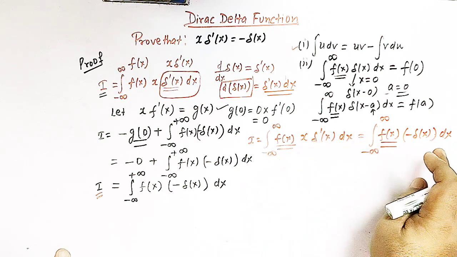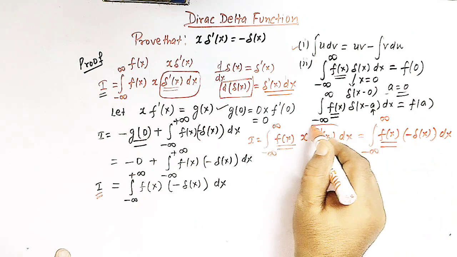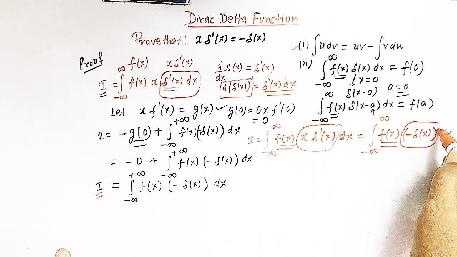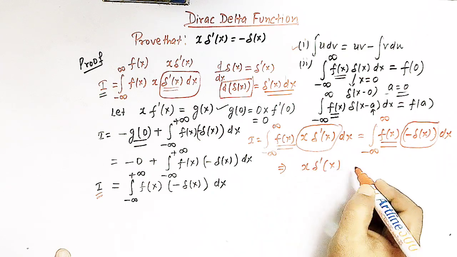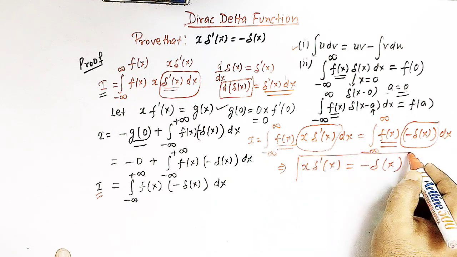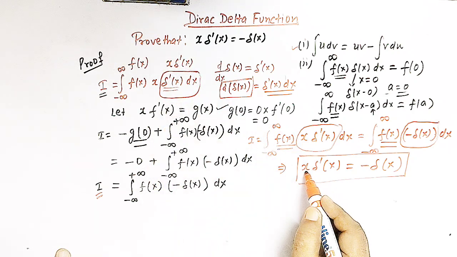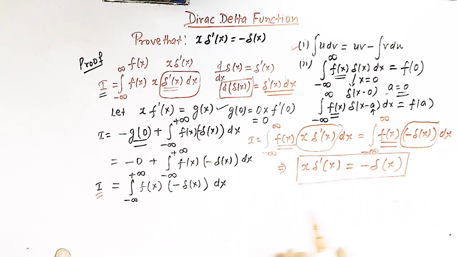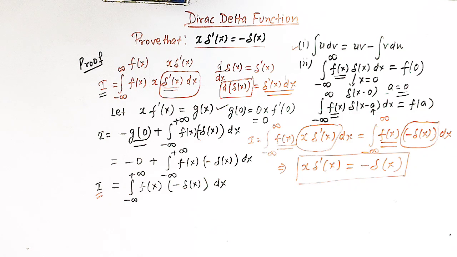So comparing the integrands, we have x times delta prime of x on one side and minus delta x on the other. So we can write x delta prime of x is equal to minus delta of x. By comparison of these two integrals, we see that x delta prime of x is equal to minus delta of x. So this is how we can prove this important property of the Dirac delta function.